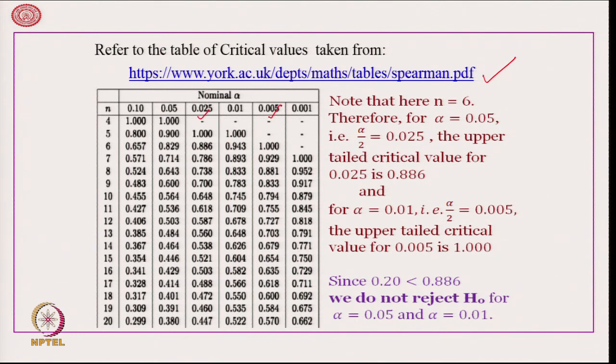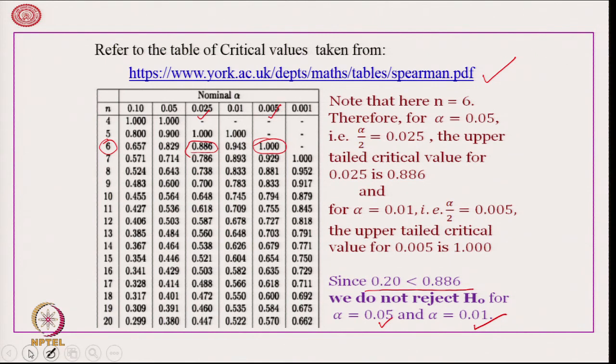The values that we can see corresponding to n is equal to 6 are 0.886 and 1, and therefore, since the observed value is less than 0.886, we cannot reject the H naught for alpha is equal to 0.05 and alpha is equal to 0.01.